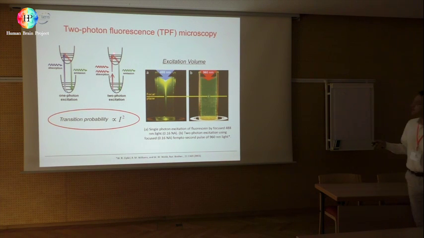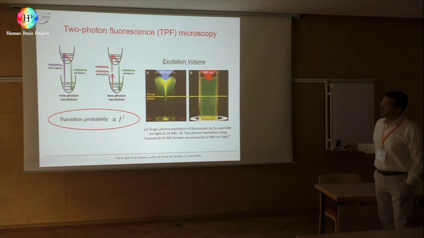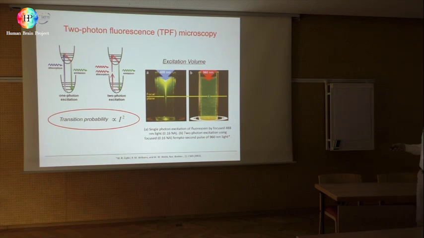And so the two-photon here is a second-order process. You have two photons going from the fundamental level to the first electronic excited level of the fluorophore. Two photons have to be absorbed in parallel. Here you use a CW, a continuously emitting laser.